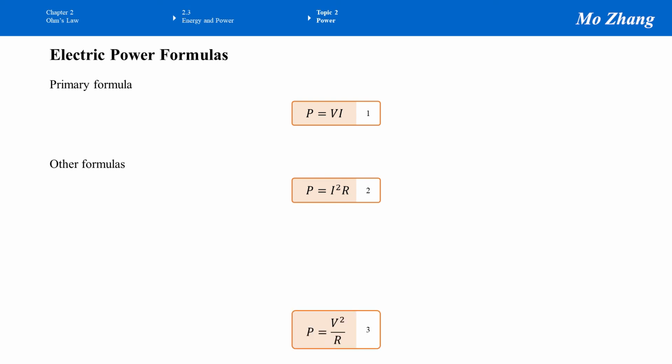For this formula, as you can see, if we know the voltage value and the resistance value, we can find the power as well. So three power formulas. If we know any two quantities, voltage, current, or resistance, any two of the three, we can find the power. But still, the primary formula is the one I recommend everyone remember.